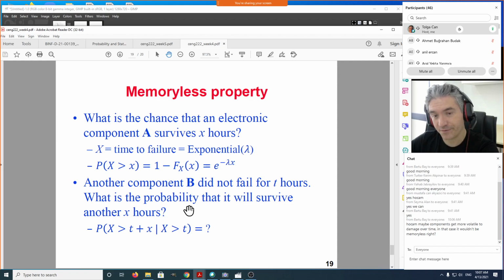They are two different things. So you will have to maybe change your exponential random variable over time. That lambda has to change as the electronic components become more vulnerable to damage.